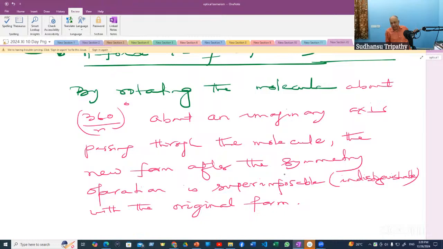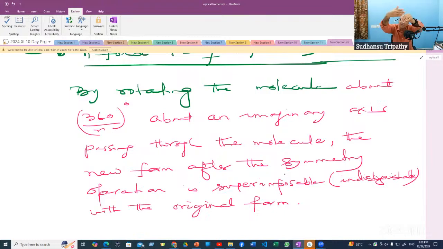What does it mean? Now, let me take the example of water. Now, don't imagine any plane, any point. Water, H2O molecule doesn't have a center of symmetry, because the atoms are only one side, not the opposite side. It has got a plane of symmetry.